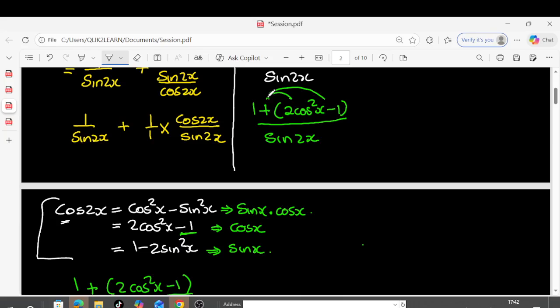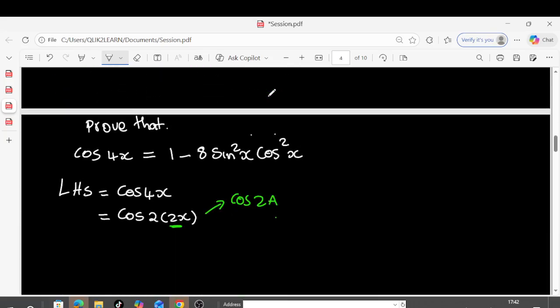Look at this. When we are working on the proof, we need the product of sine x multiplied by cos x. And the only way to find that is to make sure that we have the sine 2x.